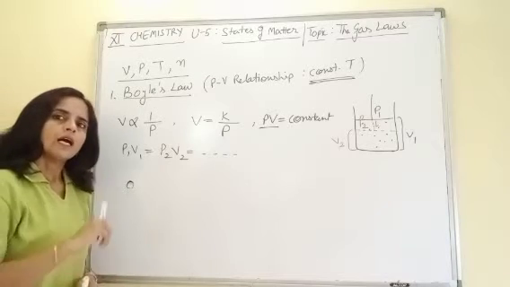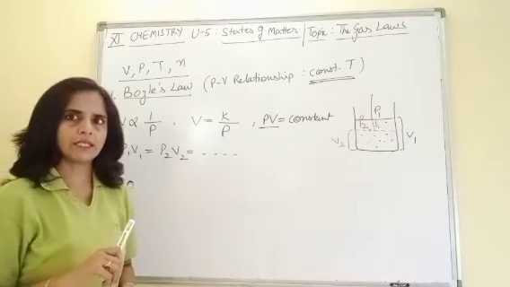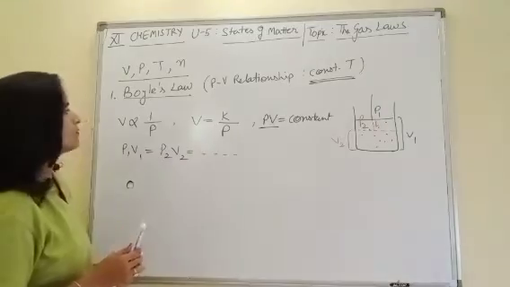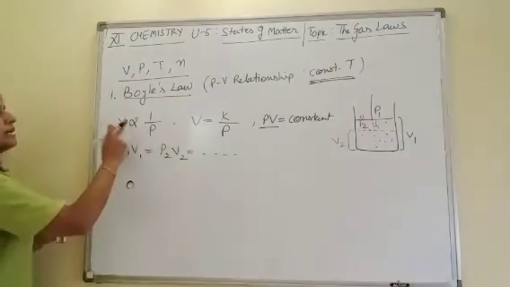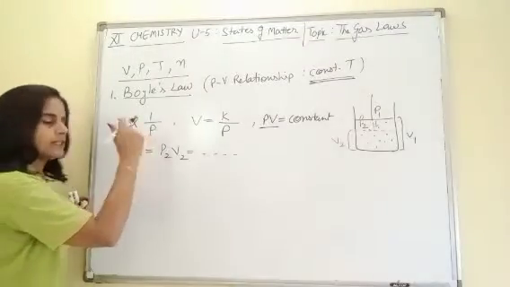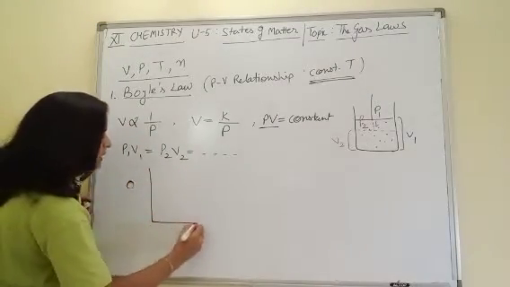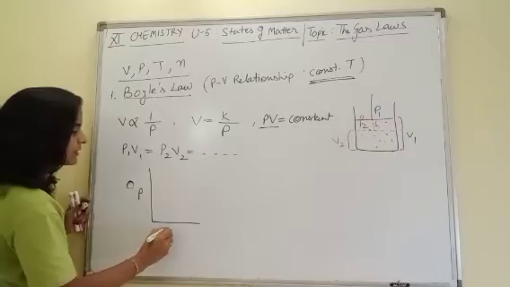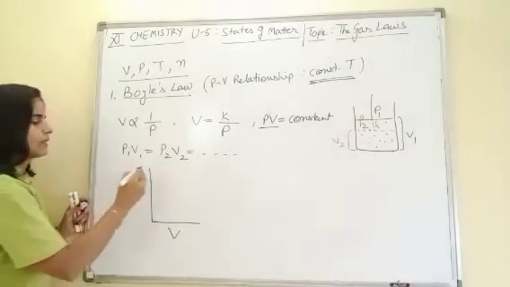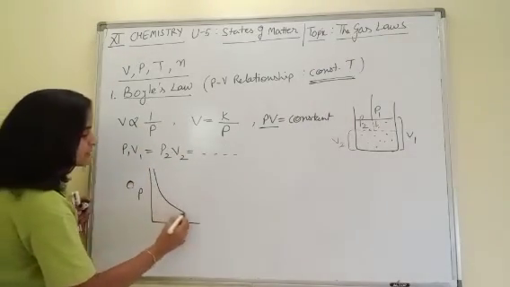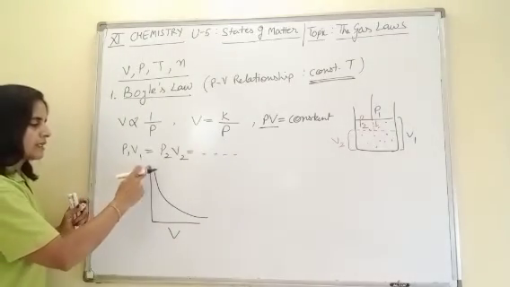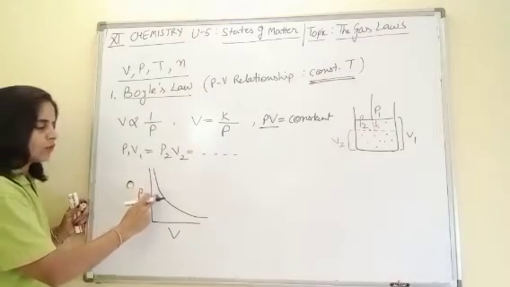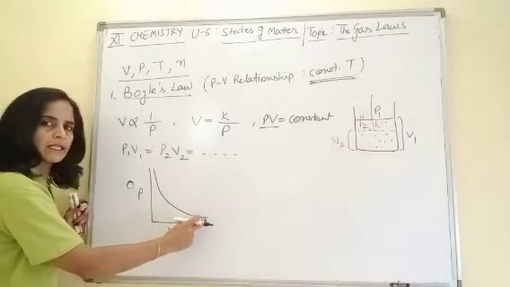Now, how do we represent it graphically? To plot a graph between pressure and volume, as we know, they are inversely proportional to each other. So when I plot a graph between pressure and volume, the graph comes something like this. When I start decreasing pressure, volume keeps on increasing.